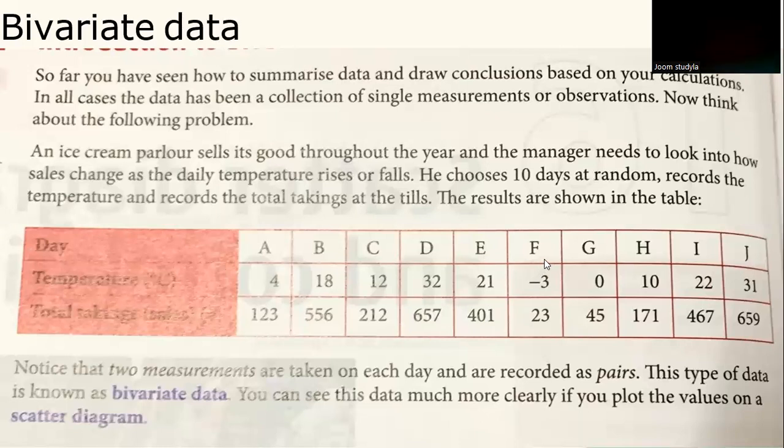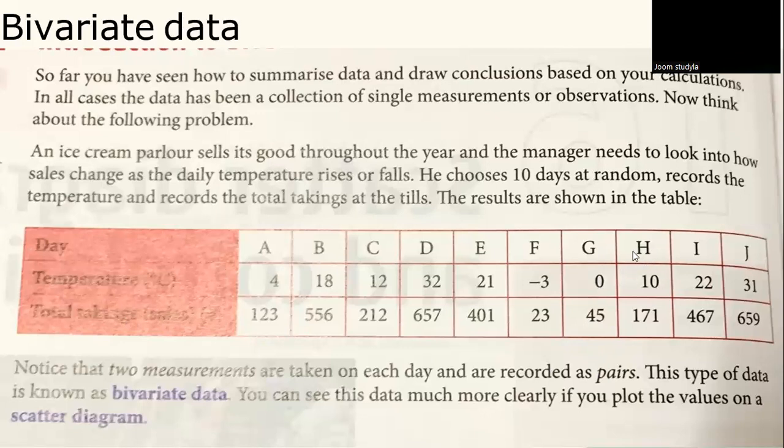On the sixth day, the temperature goes to -3, which is cool, and the demand for ice cream on that day is only 23. On the seventh day, where the temperature is 0, the total sales is about 45.